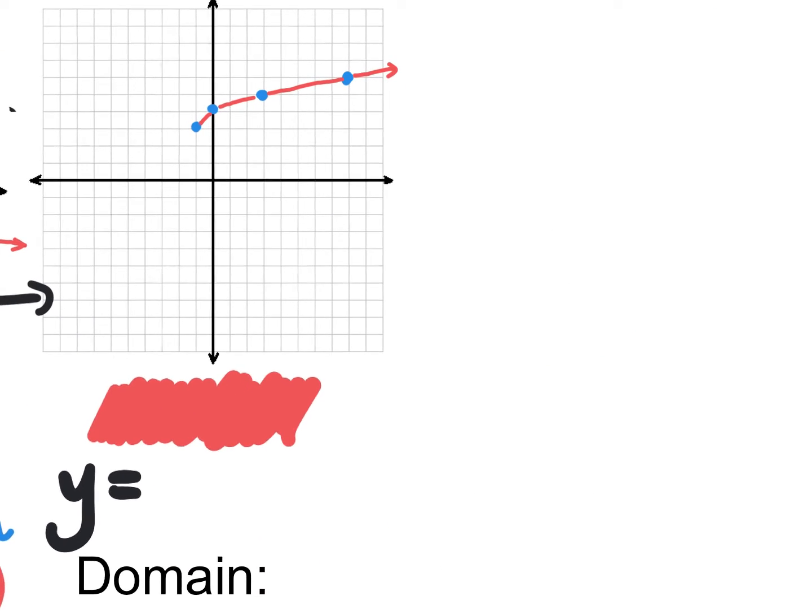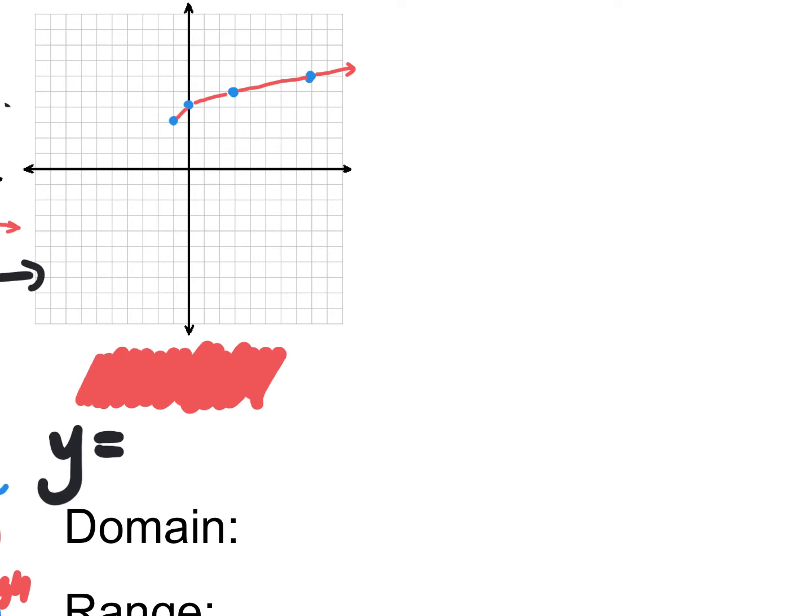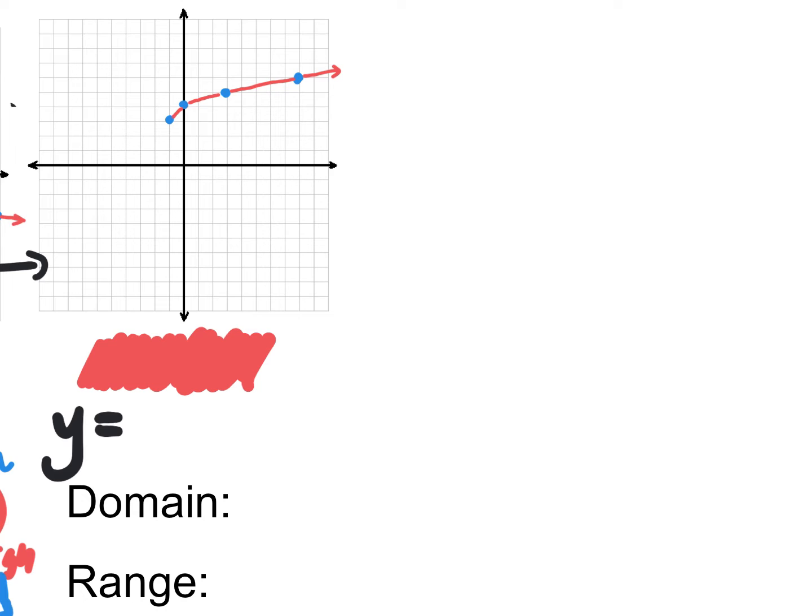Okay, last, let's give you a little time to try this one. What equation do you think that would be? Put it right here, and then figure out the domain and range of that one. All right, so this thing is a square root graph that has been shifted up 3.